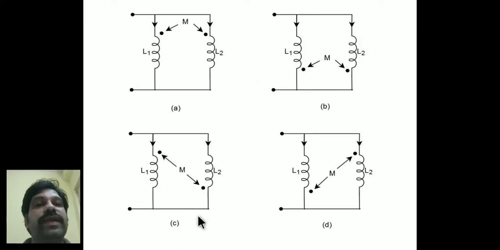In case C, for coil 1 the dot is placed at the current entering point, and for coil 2 the dot is placed at the current leaving point, therefore this case is called parallel opposing. Here also, for coil 1 the dot is placed at the current leaving point, and for coil 2 the dot is placed at the current entering point, so this case is also called parallel opposing.